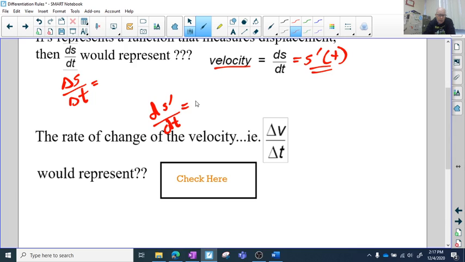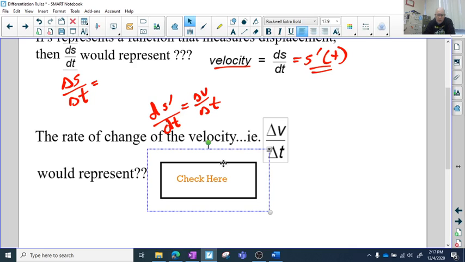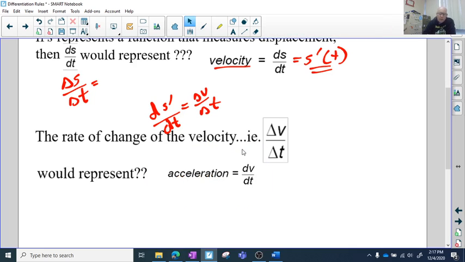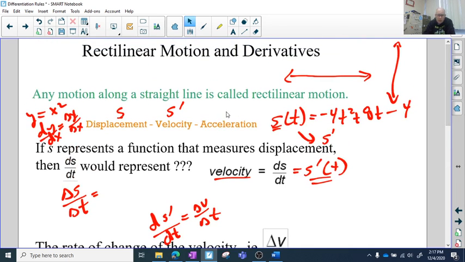Well, s prime is velocity, so this is now delta v over delta t. And delta v over delta t, from your science knowledge, you have hopefully determined is what we know as acceleration. This would be the derivative of s prime, or what we know as the second derivative.